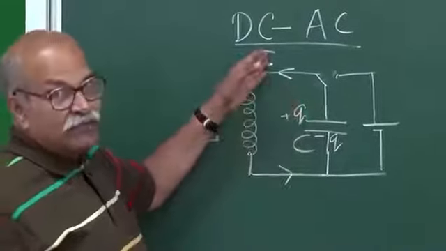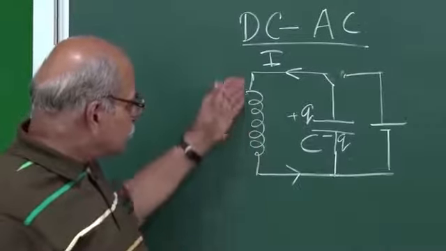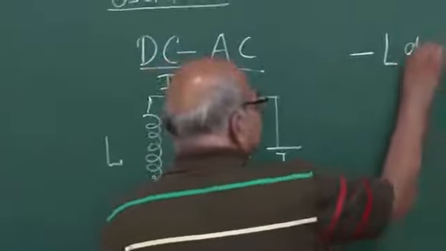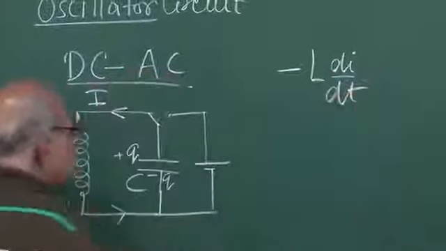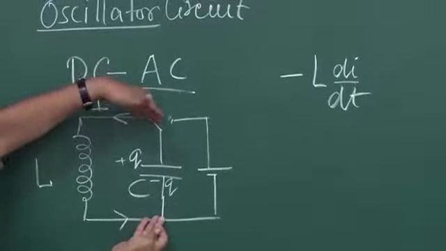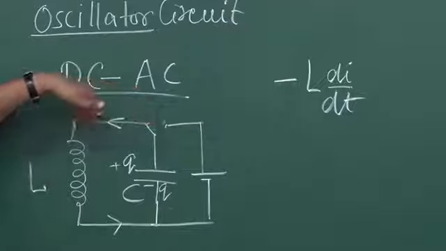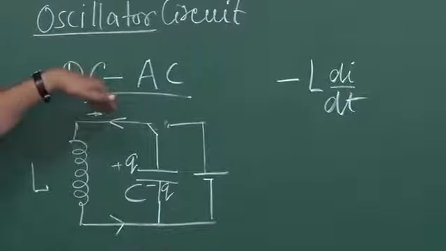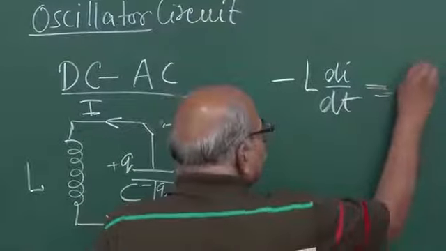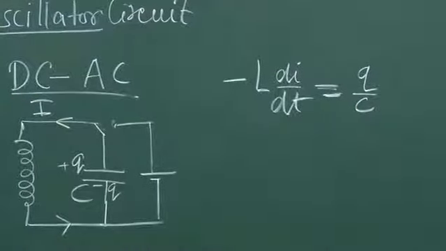So the current is time dependent, and hence you have a back EMF in this inductor, and that back EMF is minus L di/dt. The voltage on the capacitor will be Q by C, and since this point and this point are the same, minus L di/dt should be equal to Q by C. From here you can work out how this current will change in time.